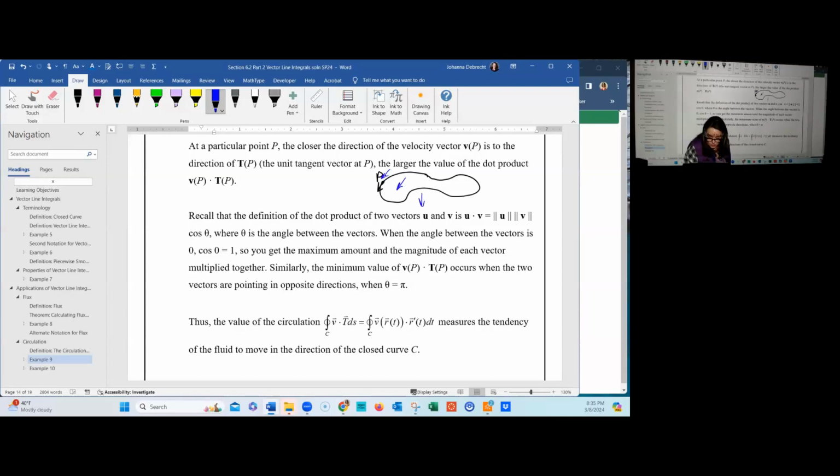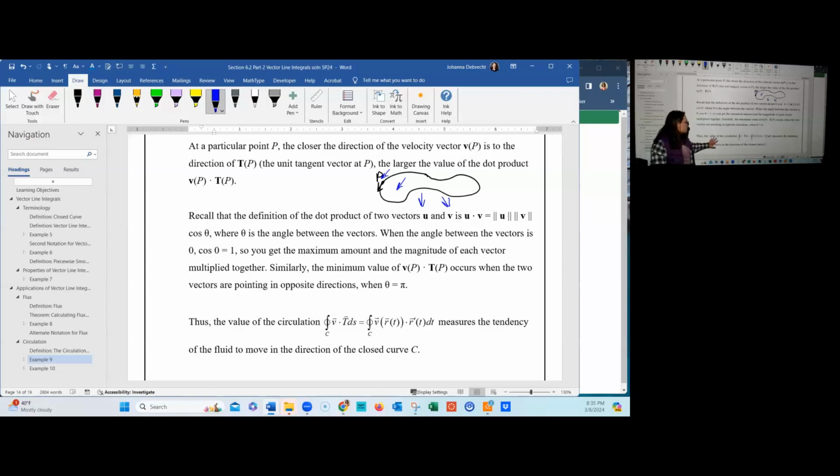And again, recall that our vector field can point in different directions at different points. What we're wondering is, how well does it align with the orientation of the curve? We'll get the minimum value when it moves in the opposite direction, when theta is equal to pi.